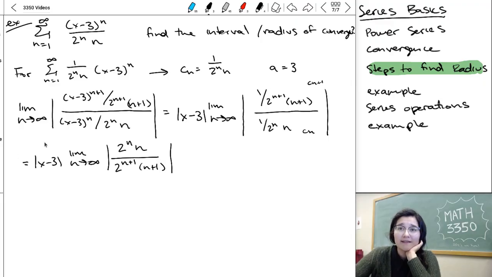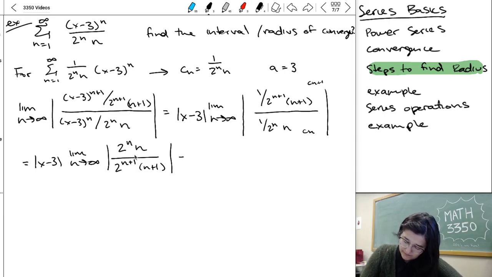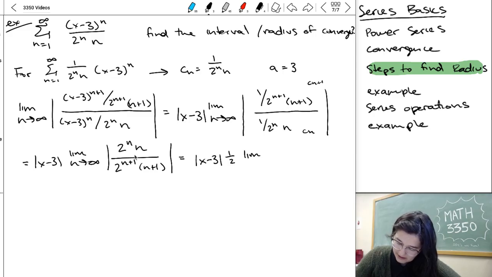And here I've got the exact same thing as before with the x's. 2 to n divided by 2 to the n plus 1 is just a half. Like 2 squared over 2 cubed is 1 over 2. So I've actually got my x minus 3 and my half. And then I just care as the limit as n goes to infinity about what happens to n over n plus 1.